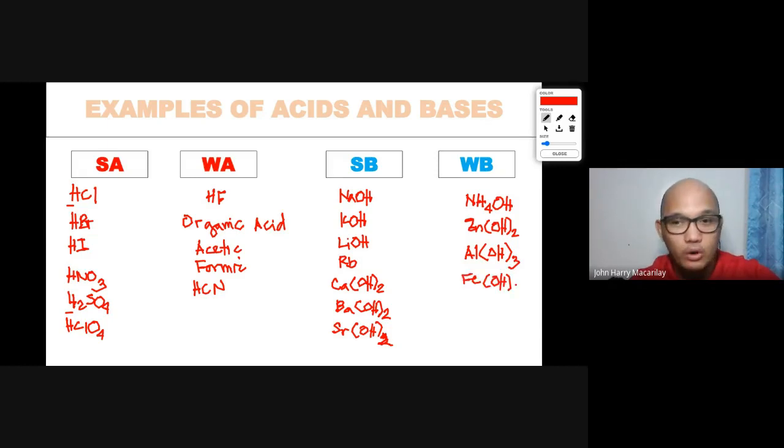And for organic compounds, you have the amines. So either primary, secondary, or tertiary amines. Okay? So the same with your acids, your bases can also be monoprotic, diprotic, and triprotic. Okay, so those are examples of your strong acids, weak acids, strong bases, and your weak bases.